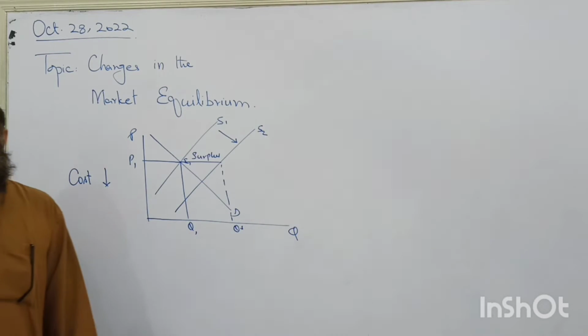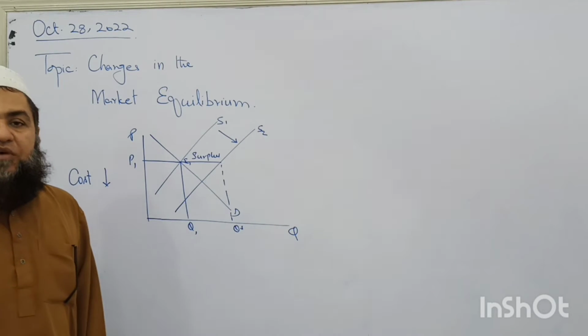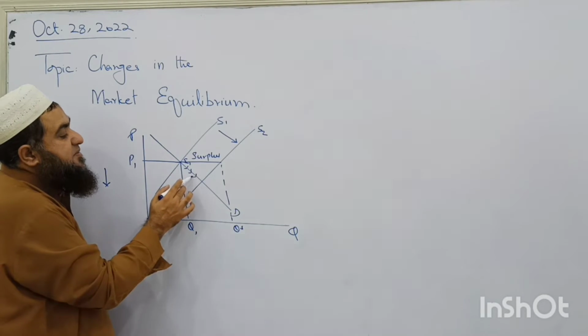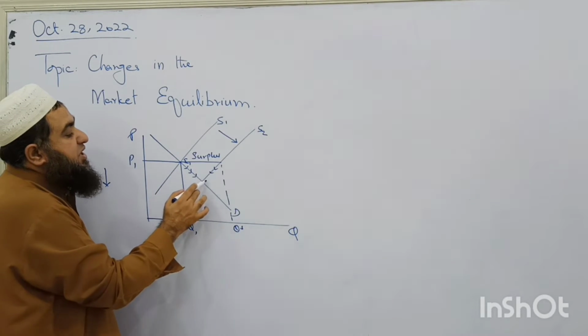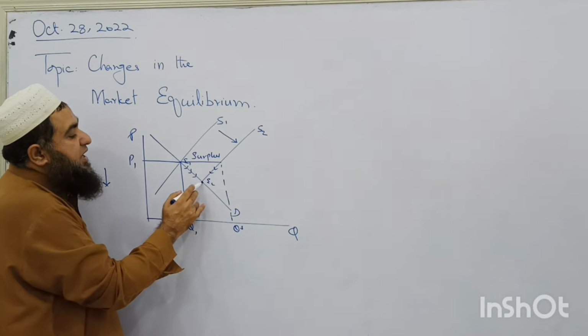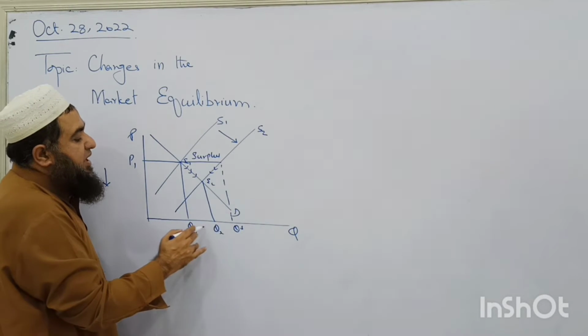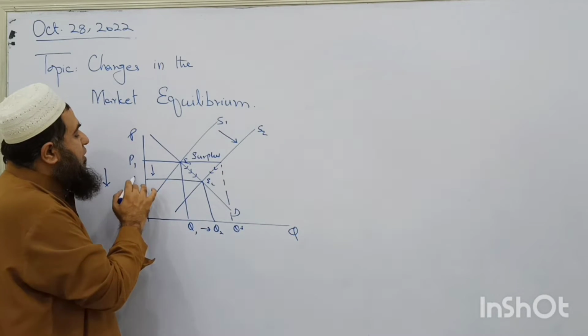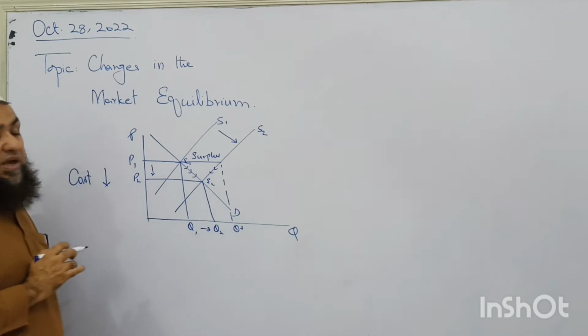In order to sell this stock or this surplus, what are producers doing? They are offering a decreasing price, and when the price decreases, consumers are increasing their quantity demanded, and the equilibrium price will fall. Clear?